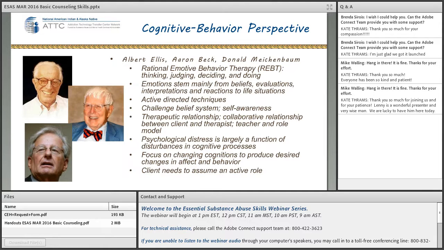So one of the methods that I use when working with clients is having them identify what they're feeling, not to try to figure out why they're feeling that way, but to tell themselves, yes, I'm feeling this way, and then giving them a choice by saying, I'm feeling this way, I have a choice.